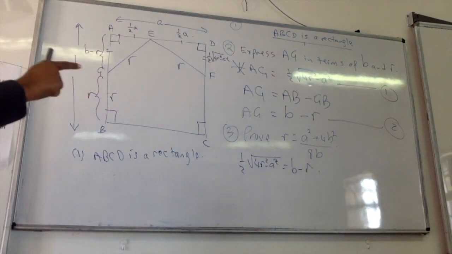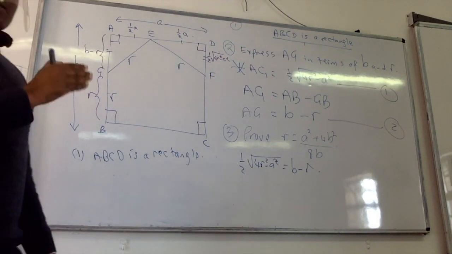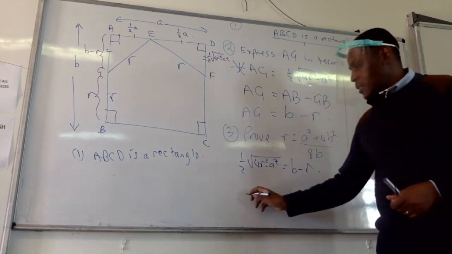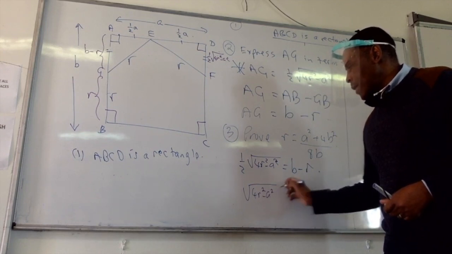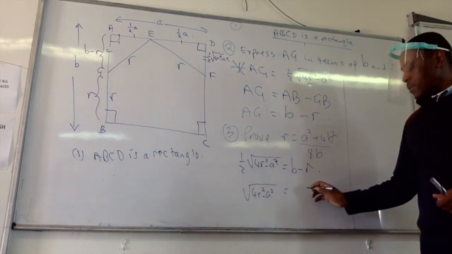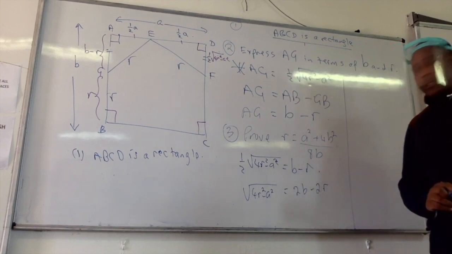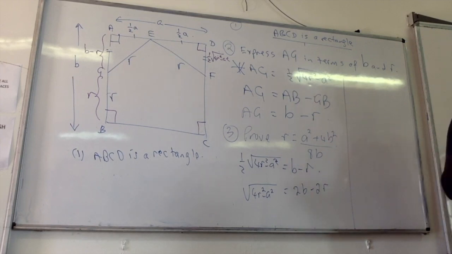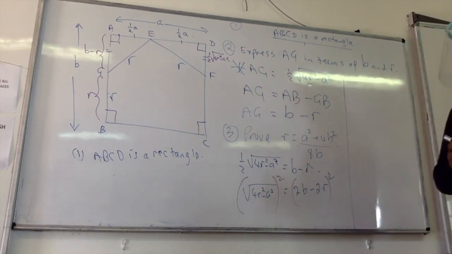So we are rearranging this equation. We need to rearrange that equation and make r the subject. Multiply both sides by 2, right? So then the left-hand side becomes the square root of 4r squared minus a squared, and the right-hand side now becomes 2b minus 2r. Okay, the next thing we need to remove here is the root sign, right? How do we remove root signs? We square, so we need to take this thing and square it, and take that thing also and square it.